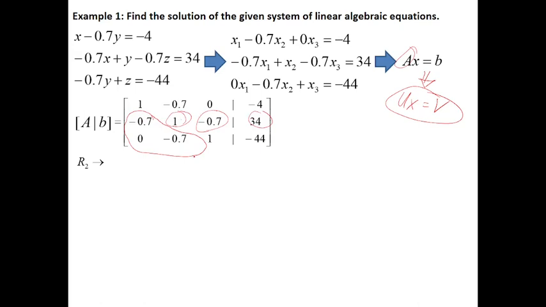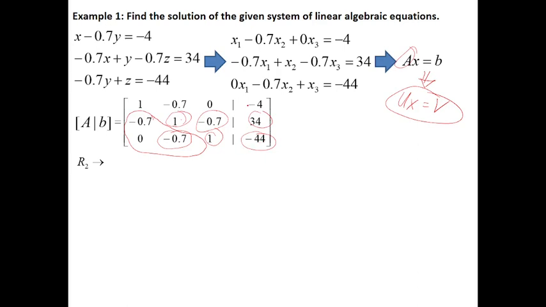In the same manner, for the negative 0.7 in row 3, column 2, when we change this to 0, 1 will also be changed and negative 44 as well. But how will that happen?